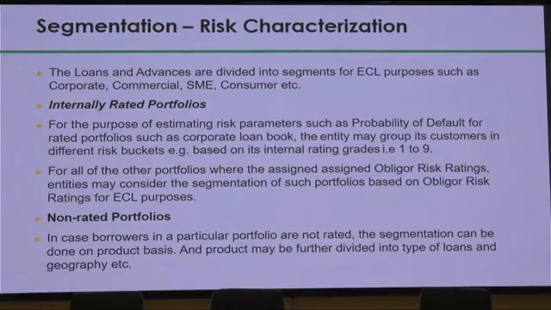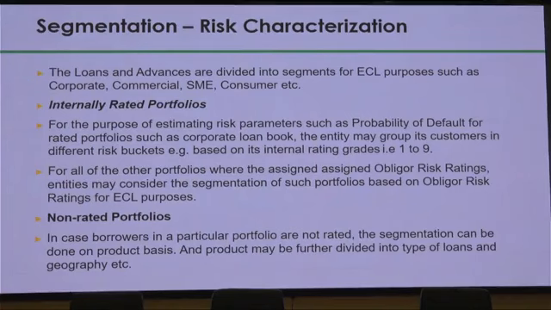But again, loss rate cannot be applied to these portfolios at that broad level. You need to narrow it down to obligor risk rating level. So obligor risk rating 1 will include certain borrowers with similar risk characteristics. Similarly, obligor risk rating 2 will contain certain borrowers with similar characteristics. And so forth. In this way, you will segmentize your portfolio.